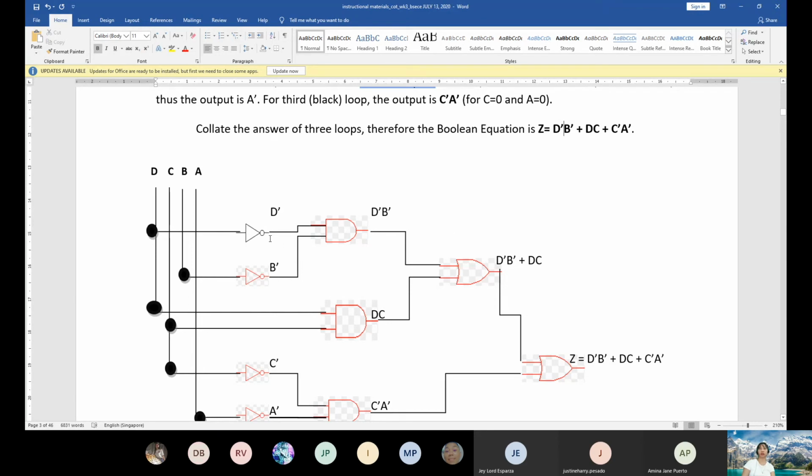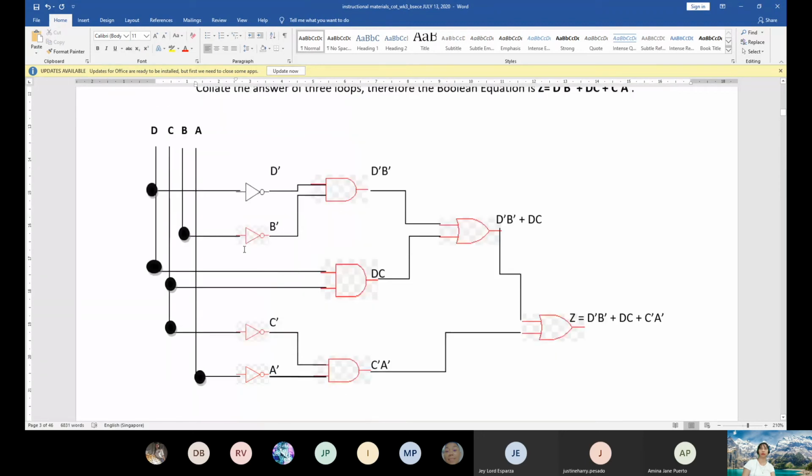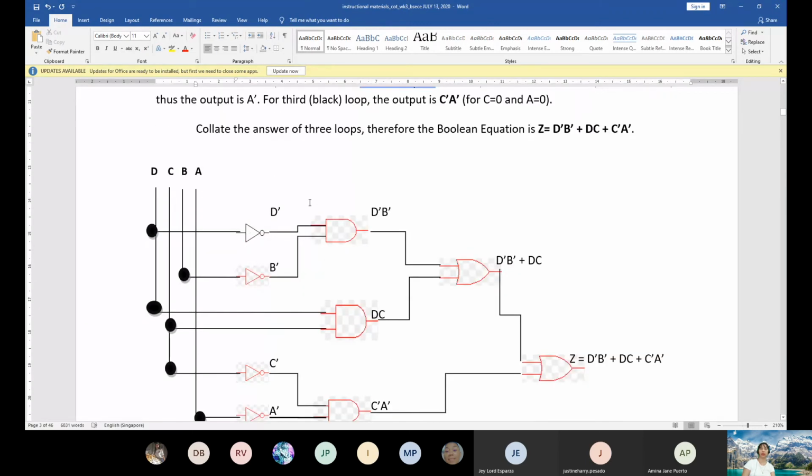This is the inverter. See? D prime, B prime. Did I answer your question? This is D prime, B prime. We have an inverter here. Yes, ma'am. Thank you, ma'am.